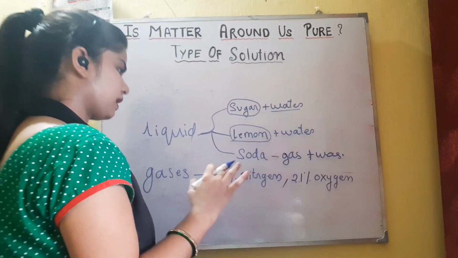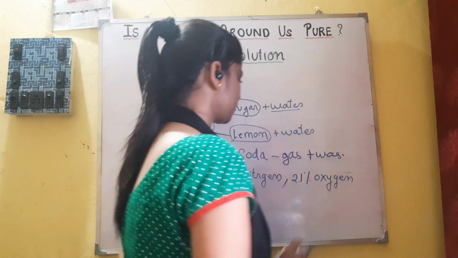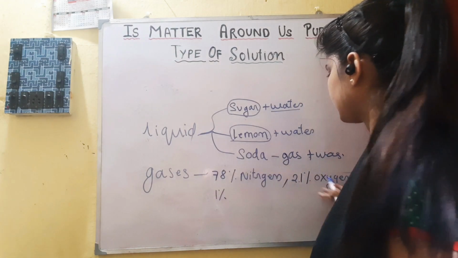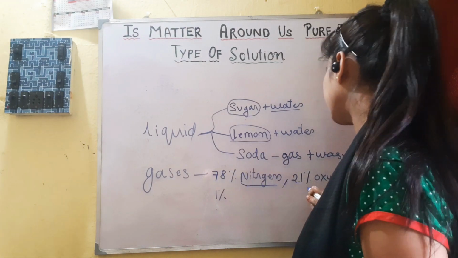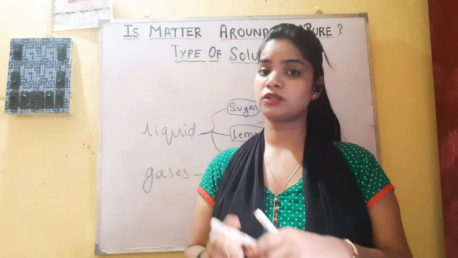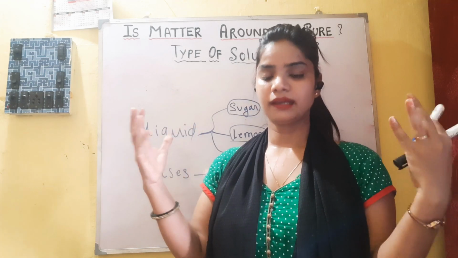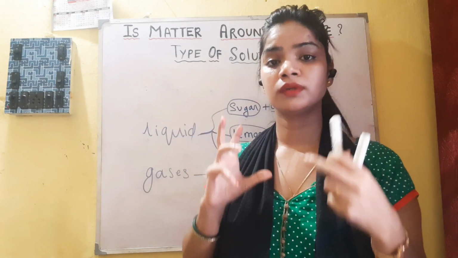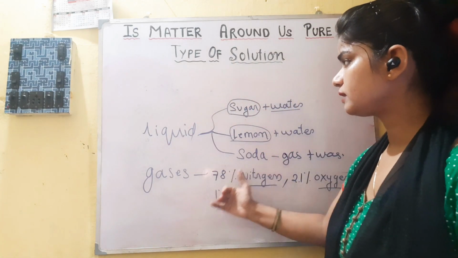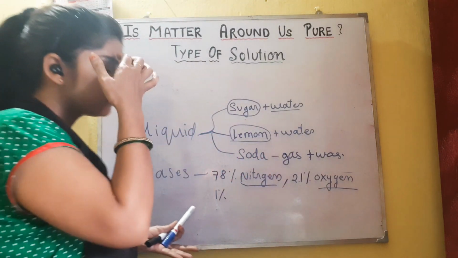Many other gases are also present which come to 1%. Basically we study these two gases, nitrogen and oxygen. This is also a solution of gases, meaning in the air there is a mixture of more than two types of gases.